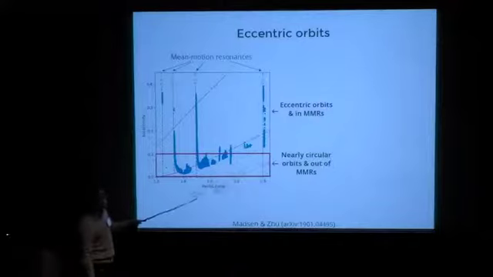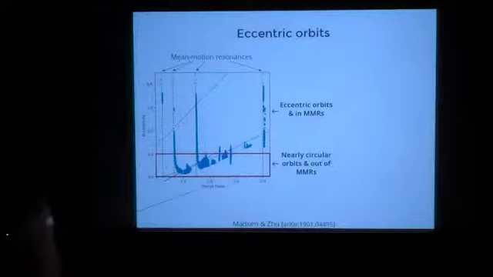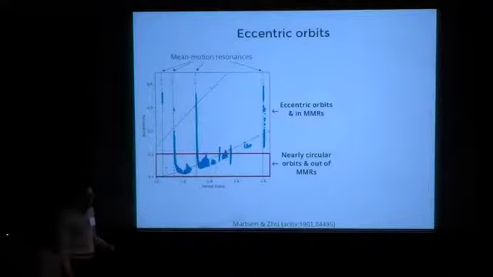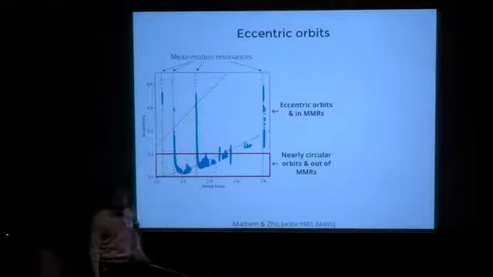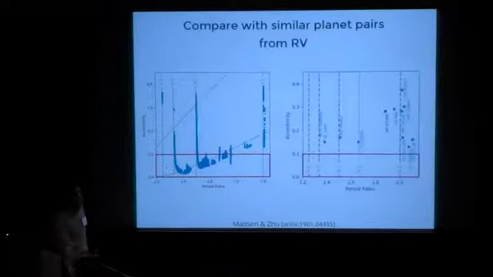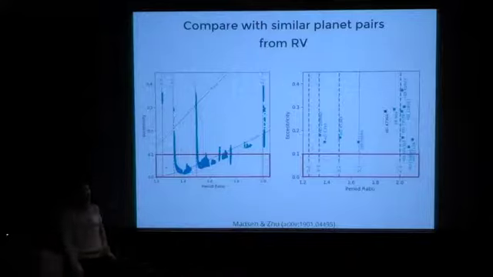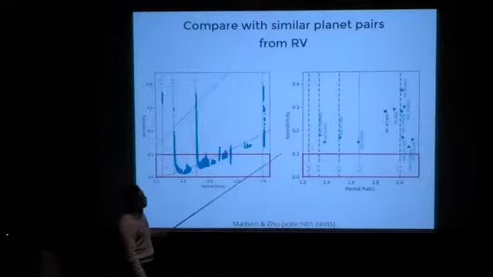Either the planets are eccentric and near these mean motion resonances, or, if they are out of the mean motion resonance, the planets must be on nearly circular orbits. Now, why is 0.1 interesting? Because 0.1 is generally considered the largest eccentricity you can get from a protoplanetary disk.